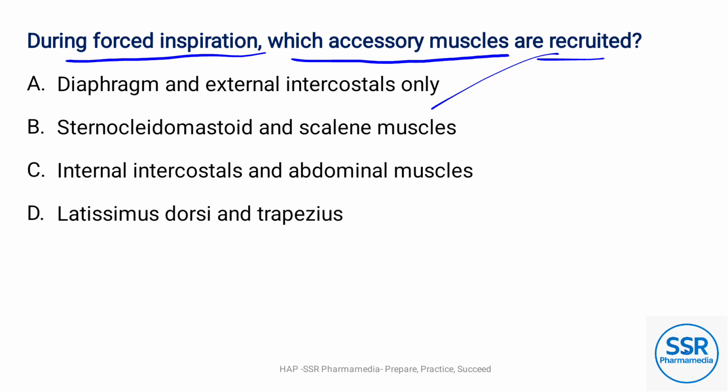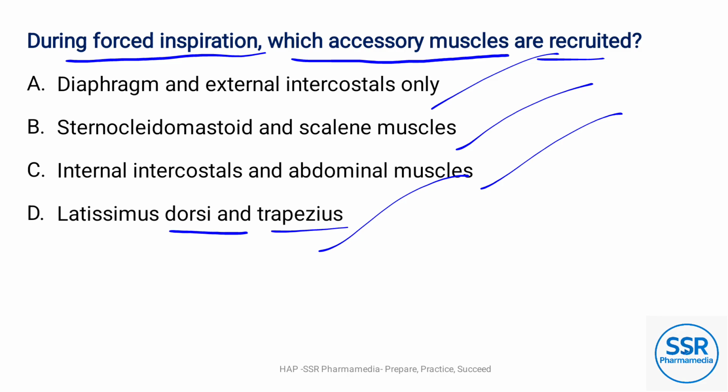Next, during forced inspiration, which accessory muscles are recruited? Option A, diaphragm and external intercostal muscles. Option B, sternocleidomastoid and scalene muscles. Option C, internal intercostal and abdominal muscles. Option D, latissimus dorsi and trapezius muscles.